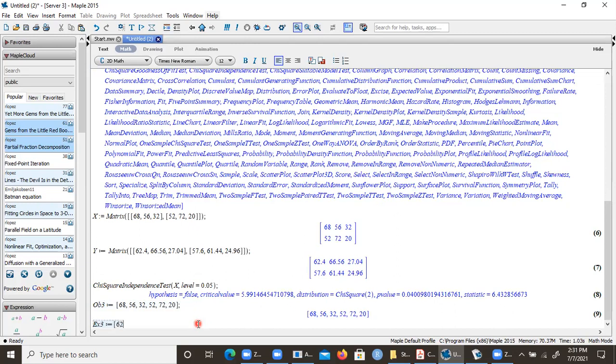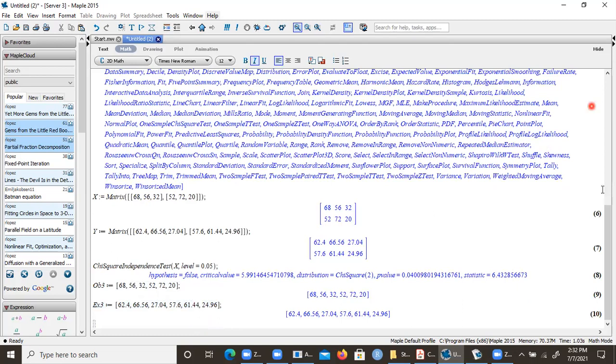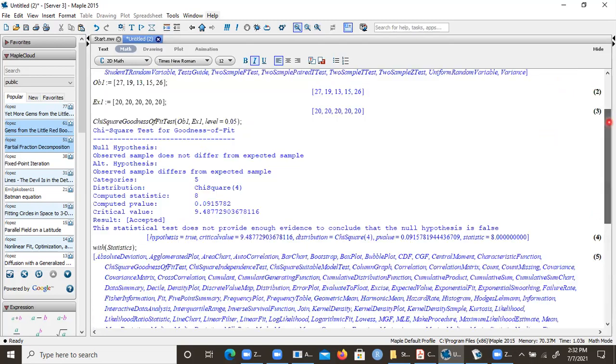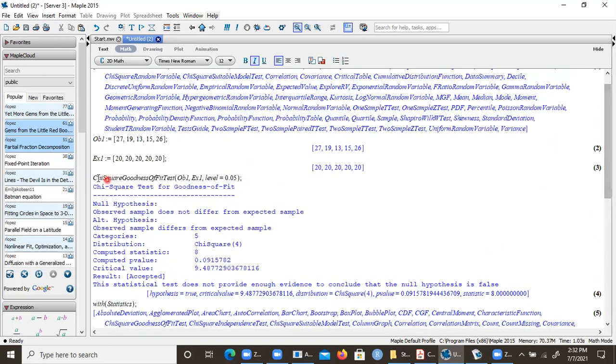We can write 62.4, we can take 66.56, then we can take 27.04, 57.6, 61.44, and 24.96. And if I use the previous command, let us try to find out what is happening over here.